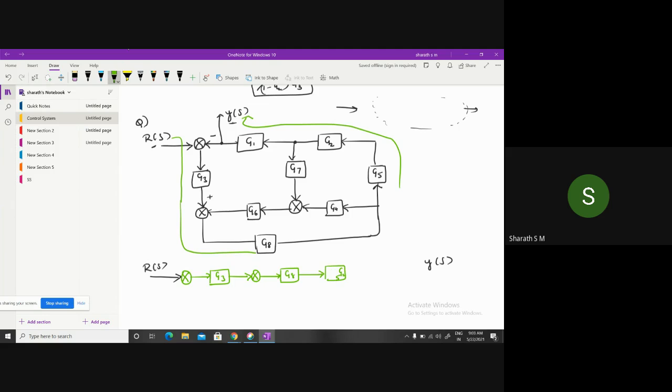Directly we can write down. Afterwards, we have G1. At the last, it takes the exit point as Y of S. So I'm writing these directional blocks. First we have a summation point, then G3, then a summation point, then G8, then G5, G2, and then G1 to the exit point Y of S.